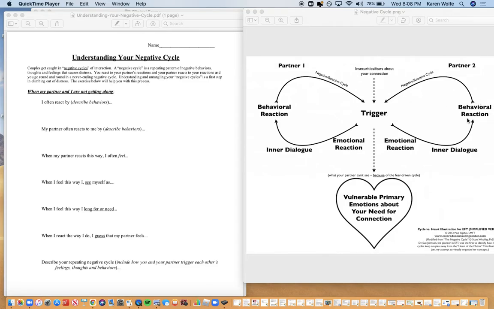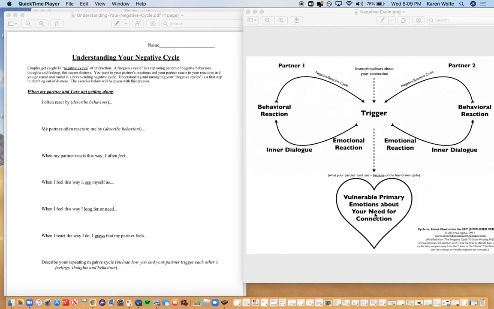Especially if we can connect our behavioral reaction to that. I push harder, I yell louder, or I withdraw, I go play video games because I'm scared. I'm so scared that we are not able to get through this. And I need you. I need you here.